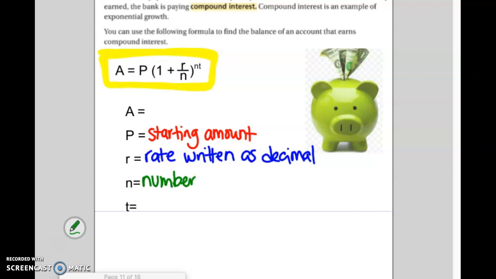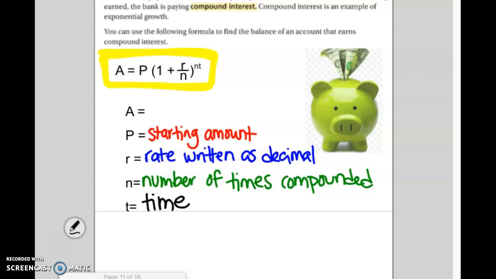We're going to talk about this on the next page. And then t is your time. So write those down. A is kind of like your y equals. It is your output.